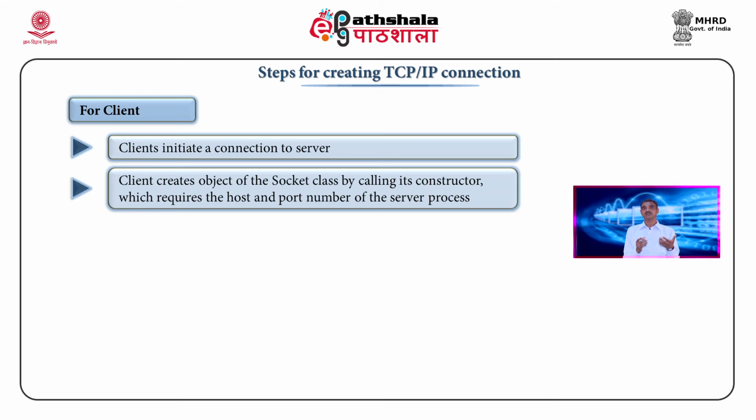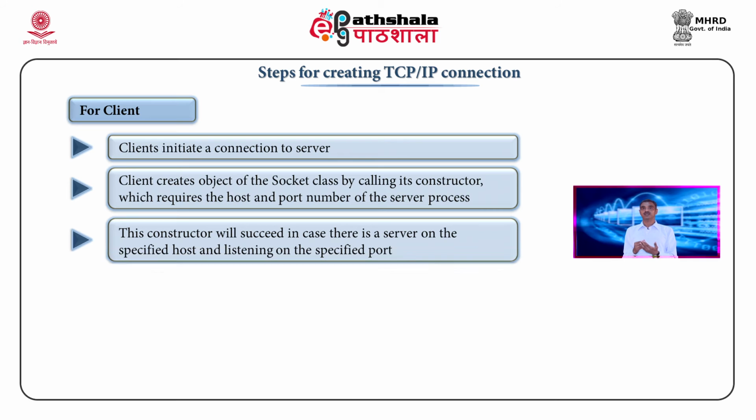The socket class provides a constructor which takes two parameters. The first parameter specifies the host, and the second parameter is an integer value specifying a port number. The host identifies the machine and the port number identifies the server process to which you would like to make a connection.